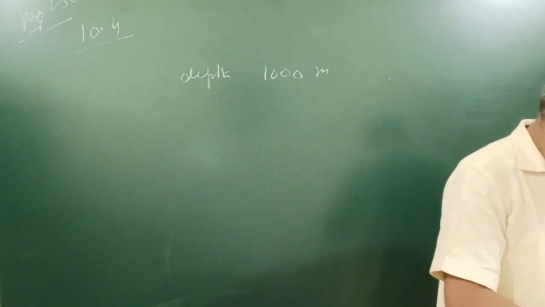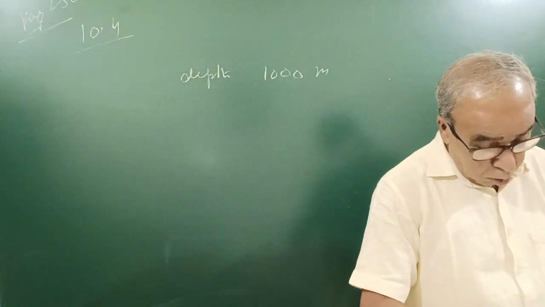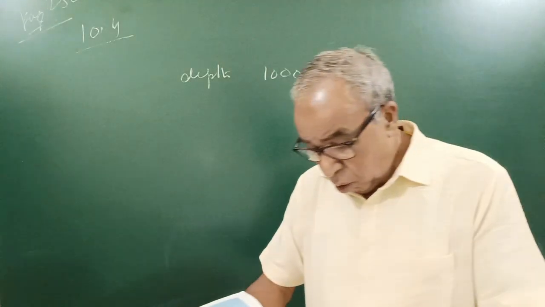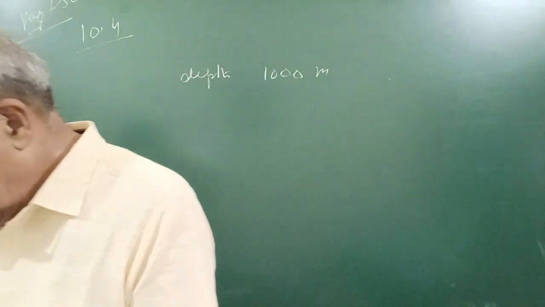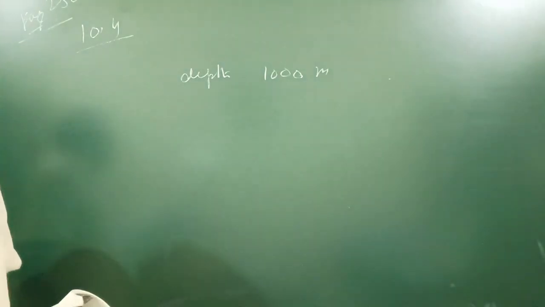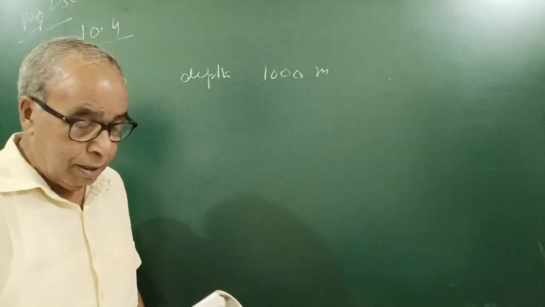And what is the force? Find the force acting on a window of area 20 cm by 20 cm of a submarine at this depth, the interior of which is maintained at sea level pressure.